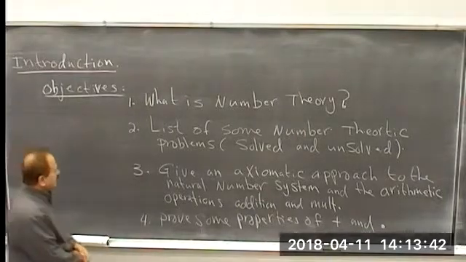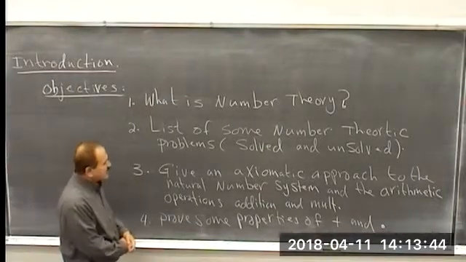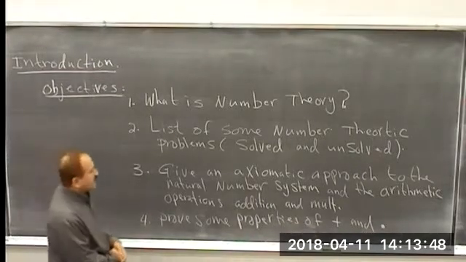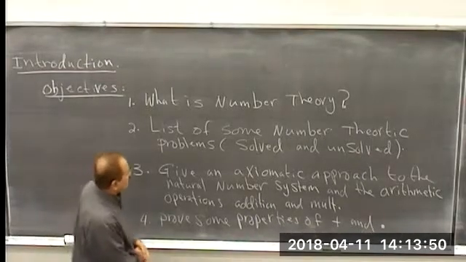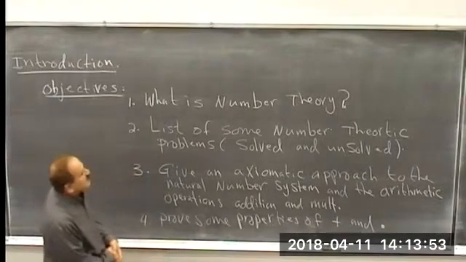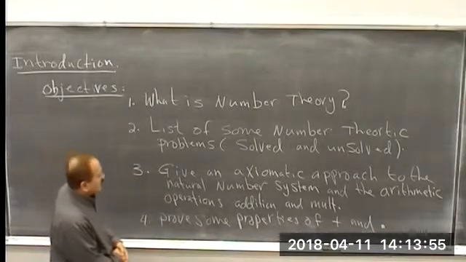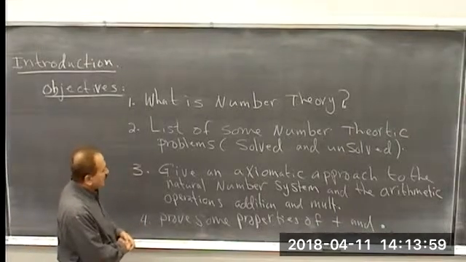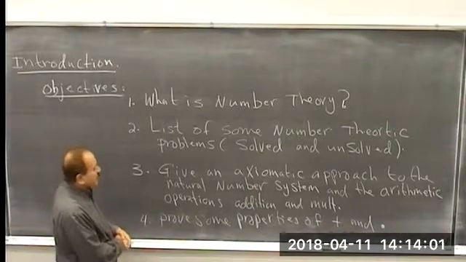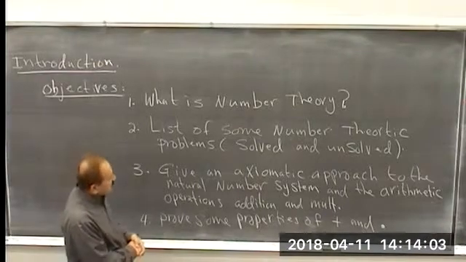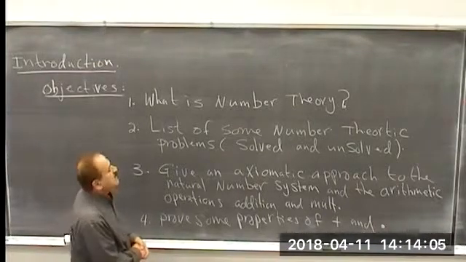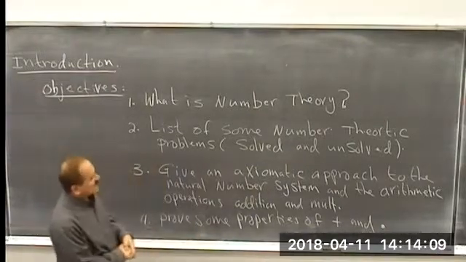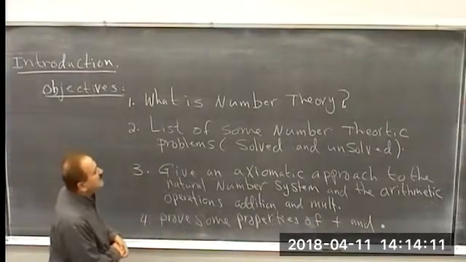Then we're going to give a short axiomatic approach to the natural number system. We're going to see that with this, all other number systems, such as the integers, the rational numbers, the real numbers, and the complex numbers, can be constructed using a few axioms. There's a total of 5.